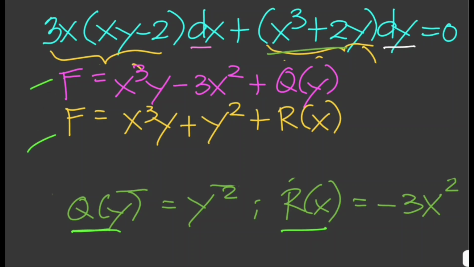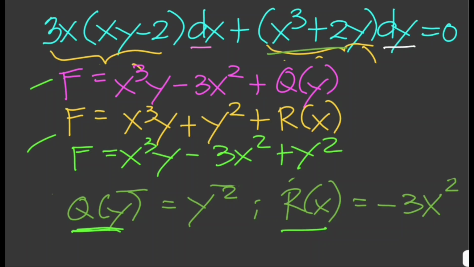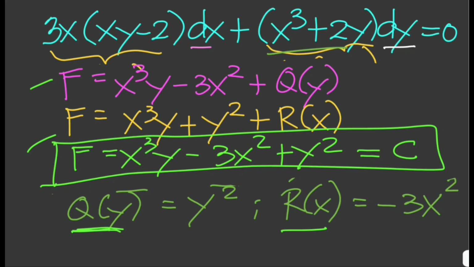So if you were going to plug in q of y to the first f, this would become f equals x cubed y minus 3x squared plus y squared, and this is just equivalent to c, the constant. So this is the final answer.